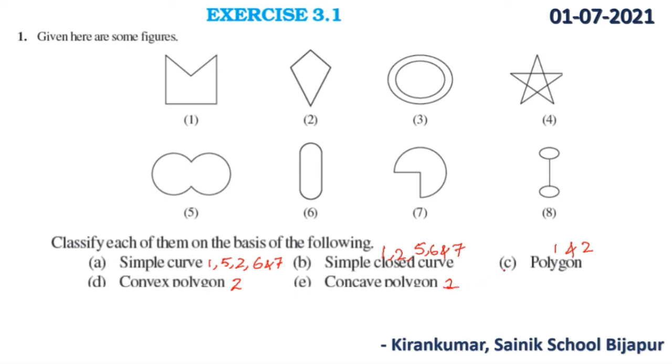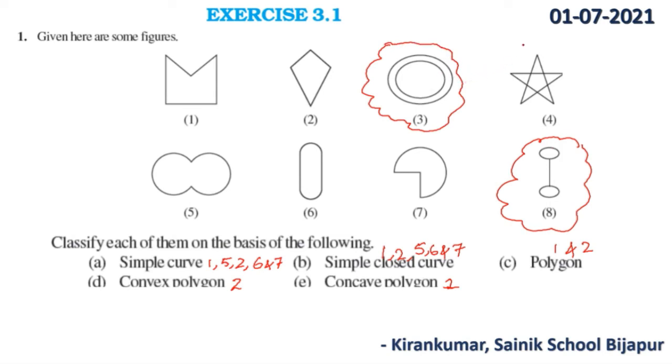Here you look at this particular figure, figure 8. This figure 8 is a complex curve. Means once you start from one particular point, you cannot end at the same point. It becomes very difficult. This figure 3 is also complex.